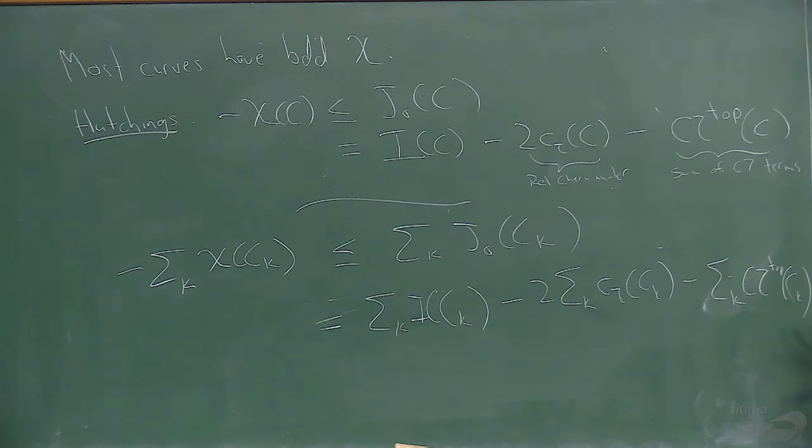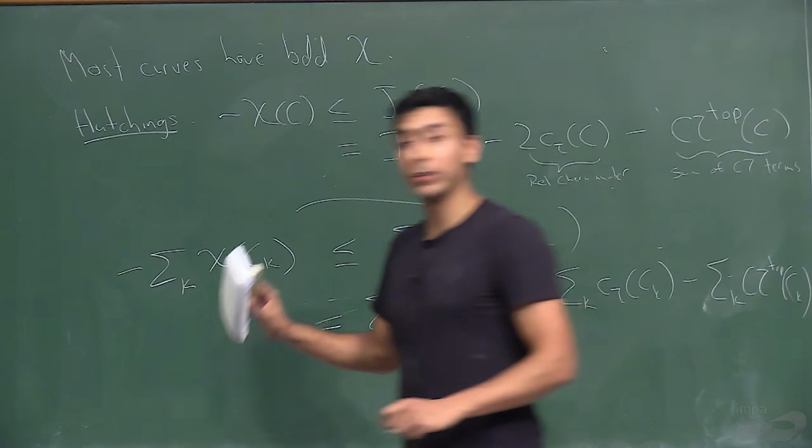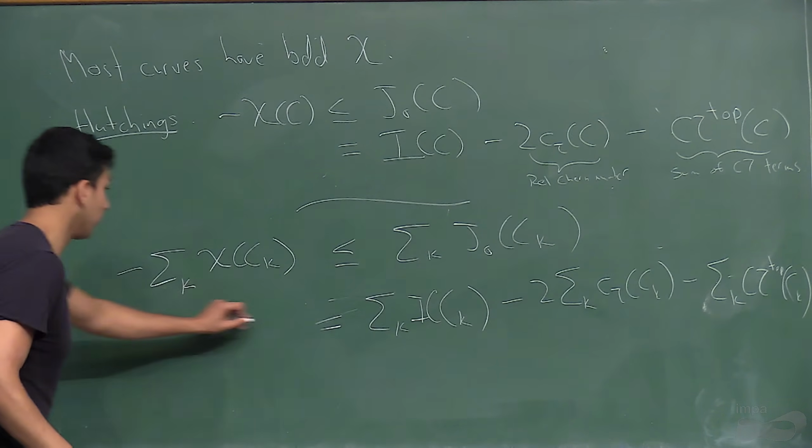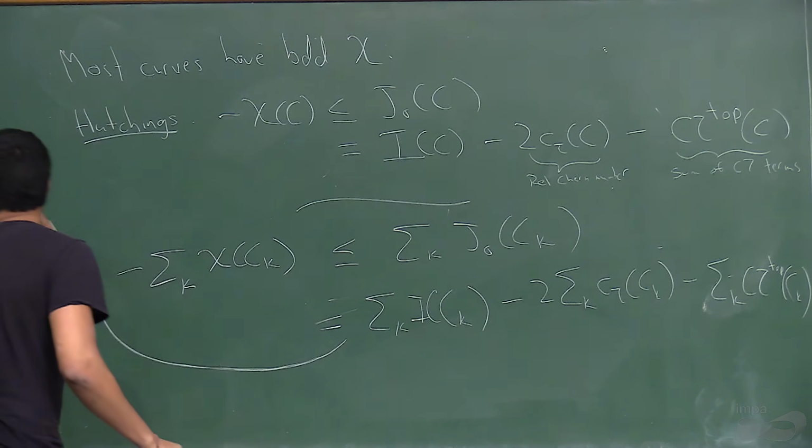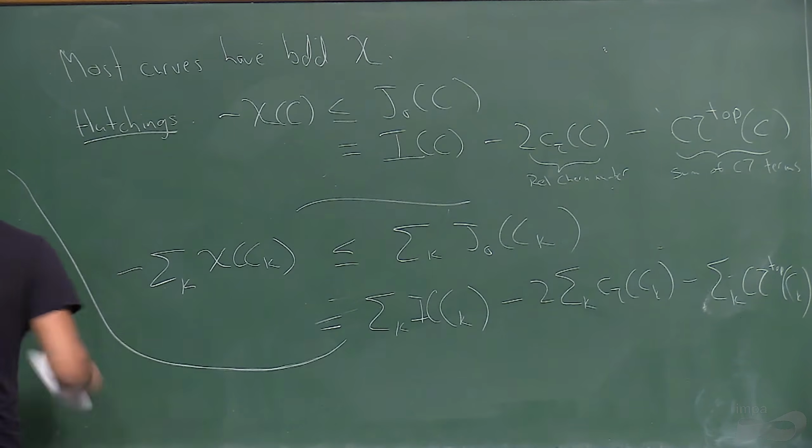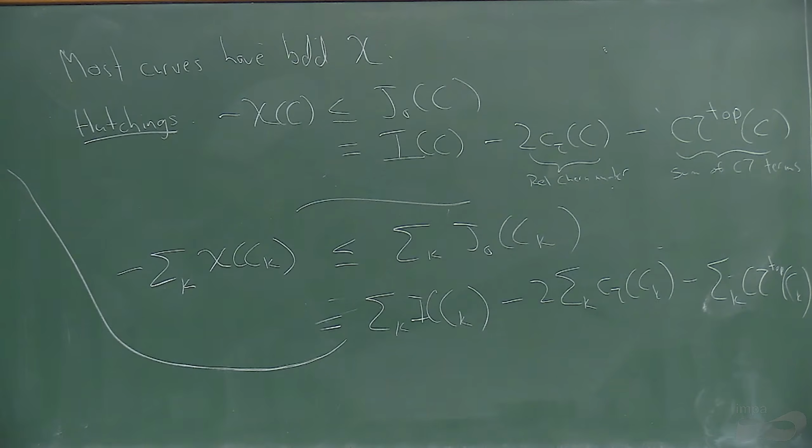All right. So I really don't want to erase that. My apologies. I'm going to actually move over here. Okay, so we're going to consider each of these three terms separately.